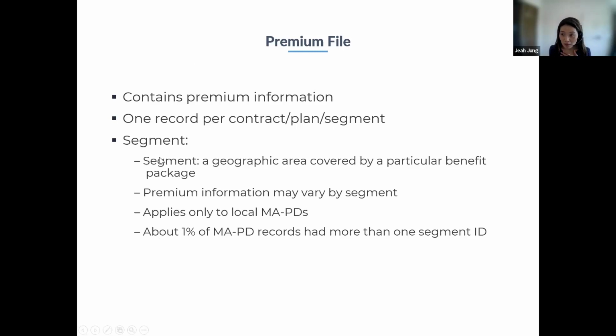I have not used a lot of segment information. Usually my unit of analysis is a contract plan. So when I want the premium, I simply take the average premium across the different segments, make this file contract plan level, and then do the analysis. But again, that's a researcher's discretion, and it depends on your research question.